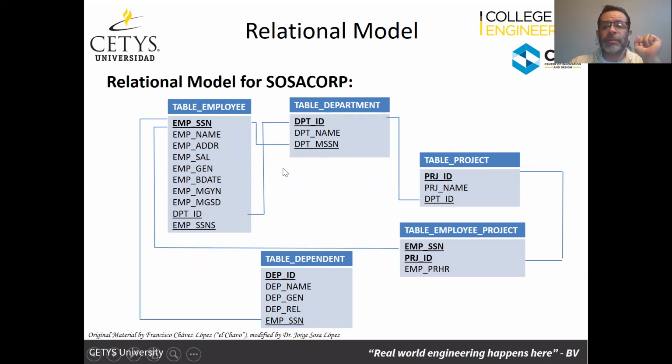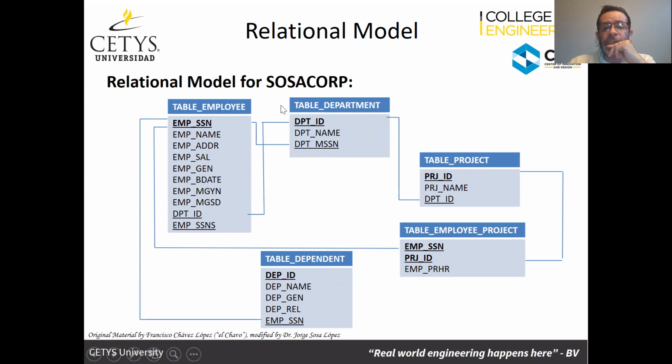Also, depending on the type of relationship, if it was a 1-to-1 relationship, we could either merge the tables or put the primary keys on each of the tables. If it was a 1-to-N relationship, we grabbed the attributes of the 1 and put them in the N. If it was a many-to-many relationship, we created a new table with both primary keys combined.